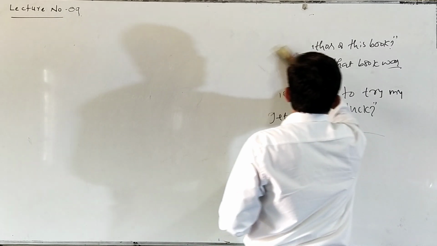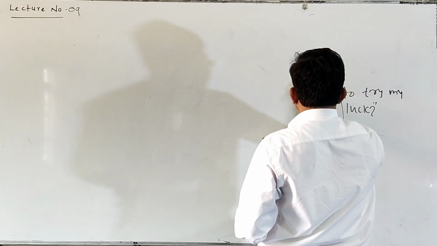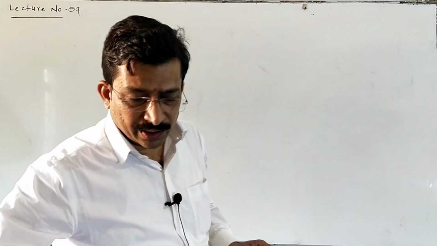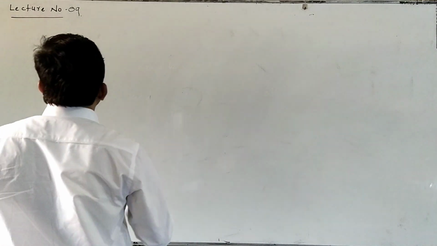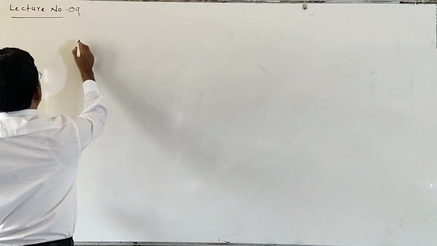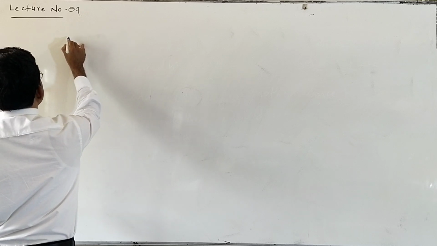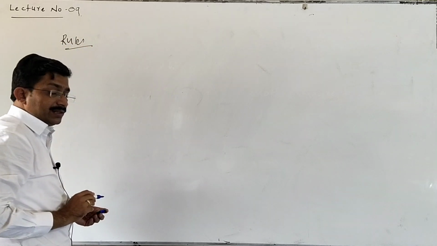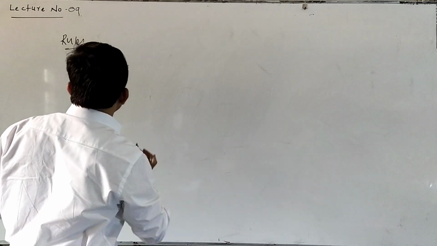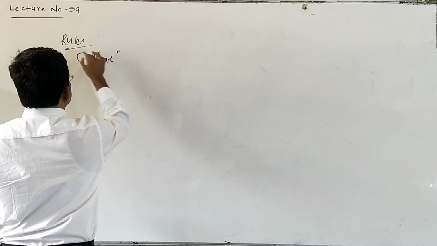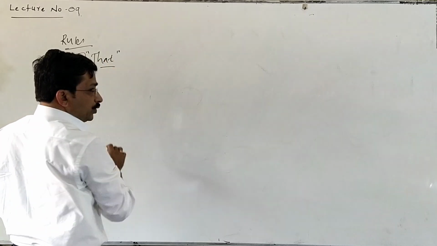Next, the given finite verb should be changed into infinitive. So, imperative sentence rules, as we started the discussion in our previous class. First one, we should not use that.